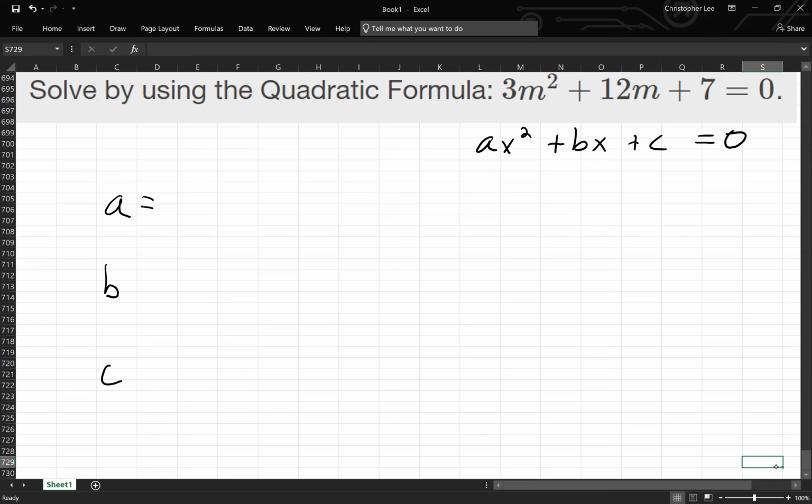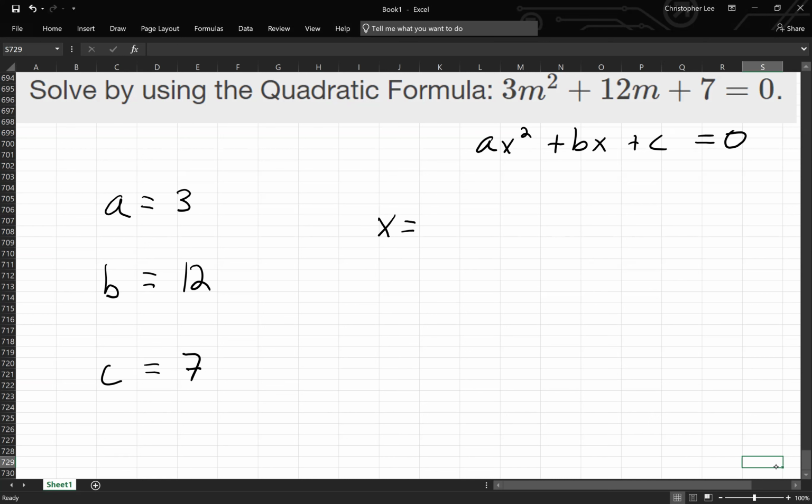In this case, a is the number in front of our square term, which is 3. b is the number in front of our single term, the monomial term, which is 12. And c is the constant term, 7.